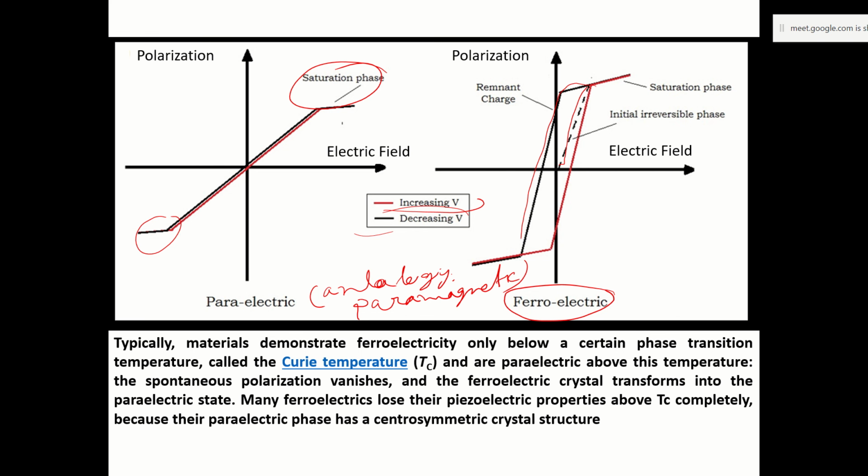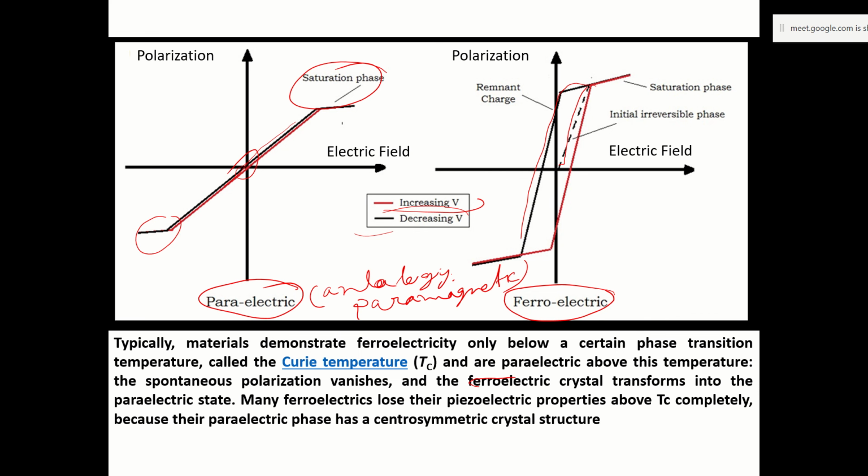So there is a similarity between the two types of properties, one which we discussed already in magnetism, and the second one in this kind of polarization with electric field. For paraelectric, we get a straight line, and saturation occurs at very high electric field, and when you take the reverse path, it will retrace its path passing through zero.